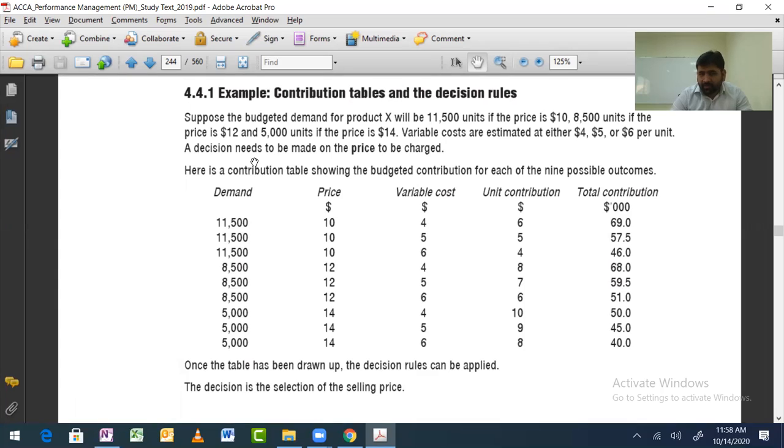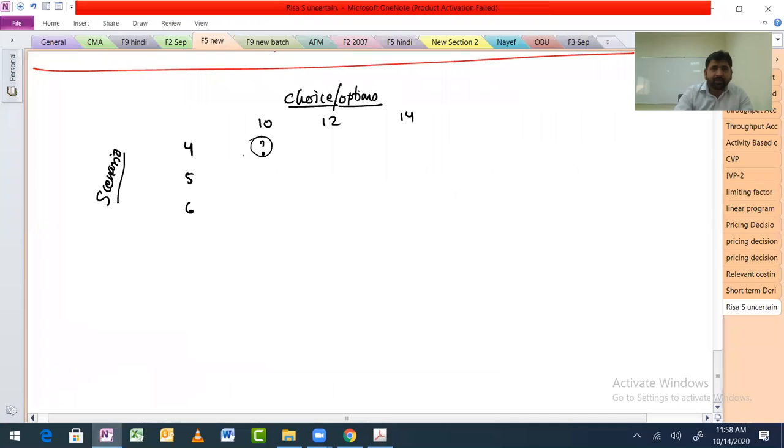You guys are taking unnecessary time because it is all given here. See, the contribution is already here. Suppose the budgeted demand of product X will be 11,500 if the price is 10. Our options are not only 10, 12, 14.